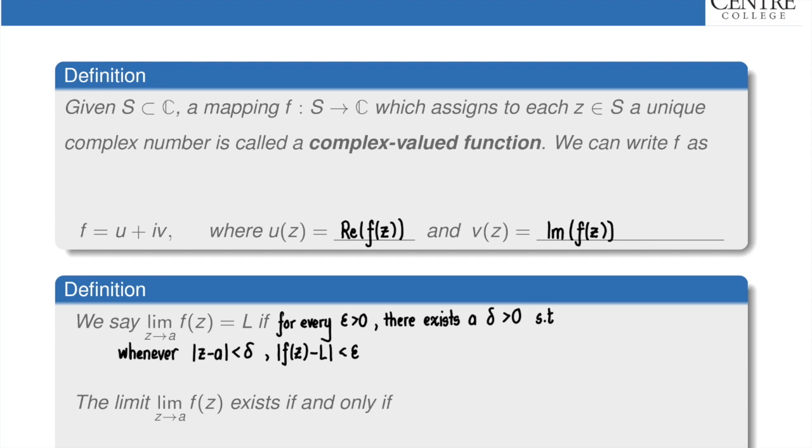Again, we can relate the limits of complex valued functions to limits of real valued functions in the following way. The limit exists if and only if the limits of both the real part of f and the imaginary part of f exist. So the limit as z approaches a of f of z exists if and only if the limit as z approaches a of the real part and the limit as z approaches a of the imaginary part exist.